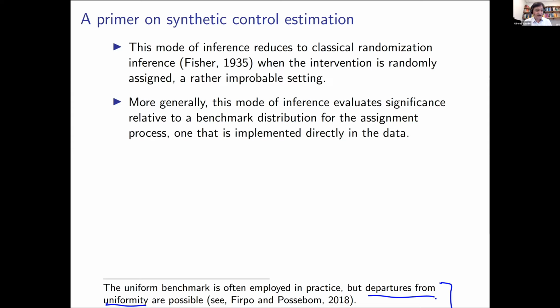I was discussing yesterday in another meeting what would be a placebo intervention in the German reunification example. France is going to get reunified with whom exactly, right? This inference is relative to a benchmark distribution, but it's not based on active randomization in the field.